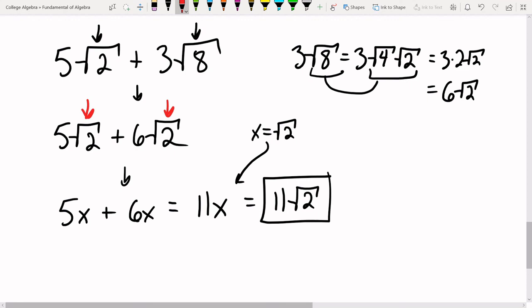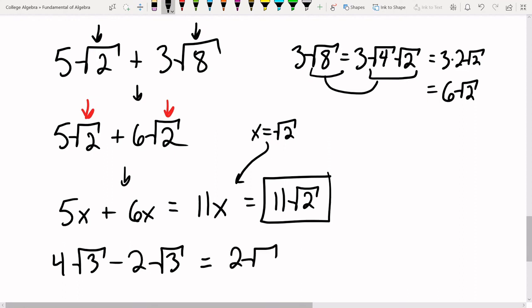As long as they're the exact same, then these are in fact like terms, and we can combine them. 4 root 3 minus 2 root 3. Well, both of these have the square root of 3, which is the exact same radical. So we're going to subtract the numbers in front. 4 minus 2 is 2 root 3.